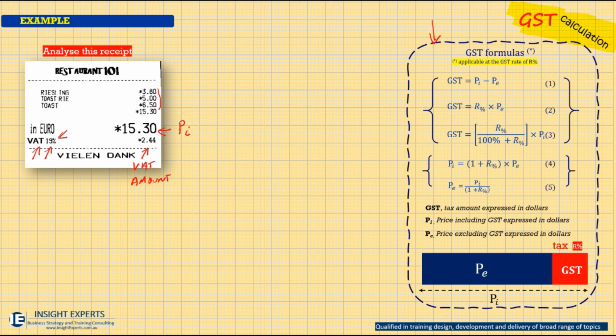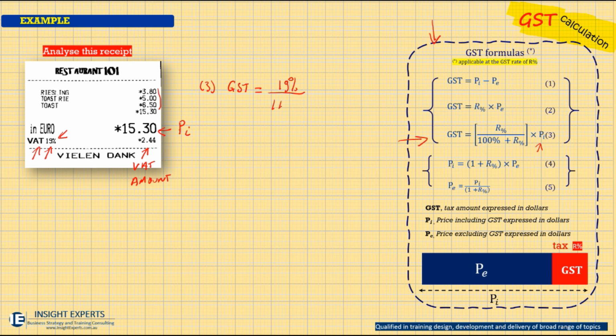So if I look at the right-hand side of the screen, I've got equation number 3, since I have the price including GST, I can go ahead and calculate the GST amount. So from equation number 3, the GST amount is equal to the VAT rate, which is 19%, over the VAT rate plus 100%.